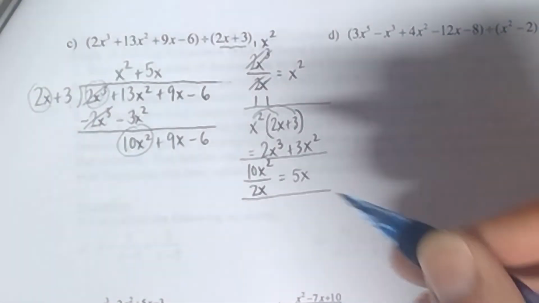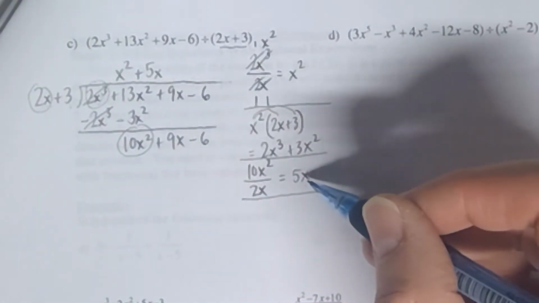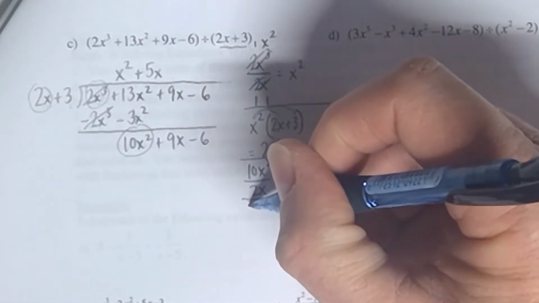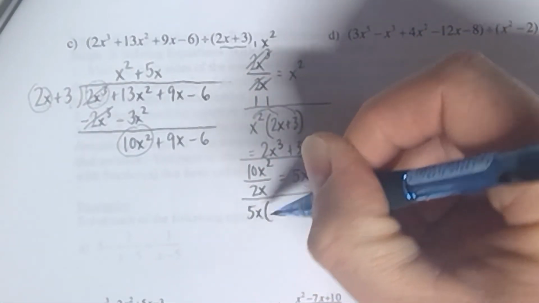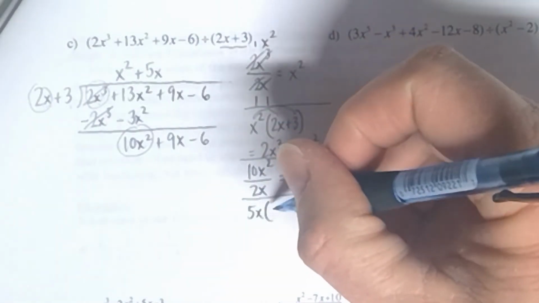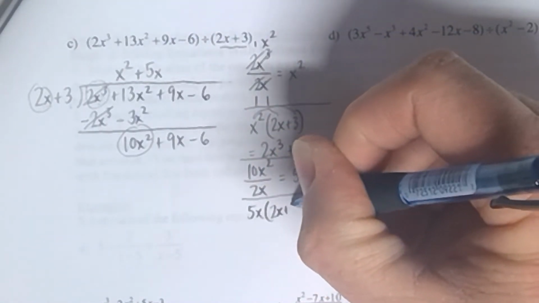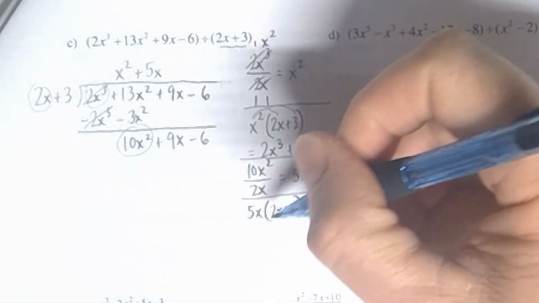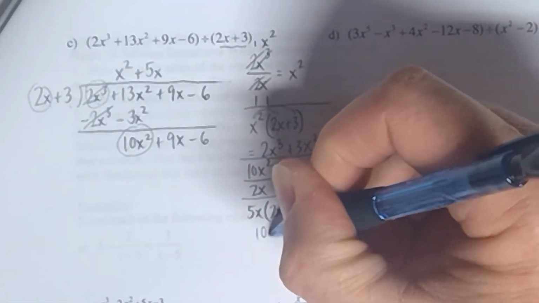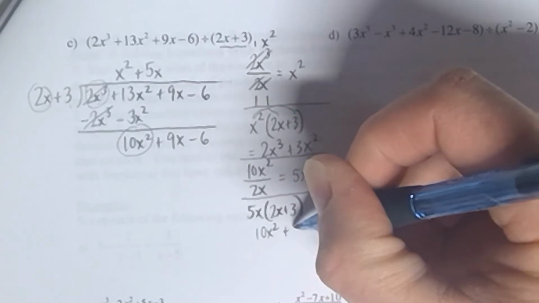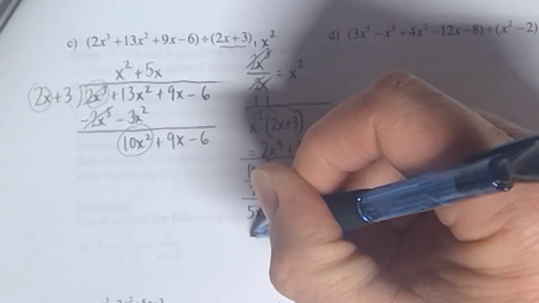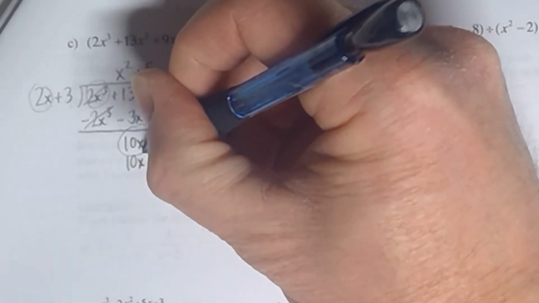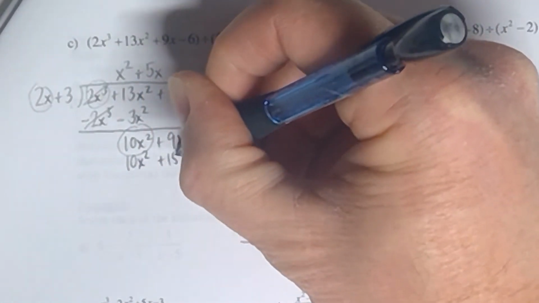Anyway, once we do the division, what did we do after the division in the previous part here? We multiplied the division result, 5x, by the entire outside polynomial, 2x plus 3. And what does that give me? That gives me 10x squared plus 15x when I distribute that out. Okay. So 10x squared plus 15x.